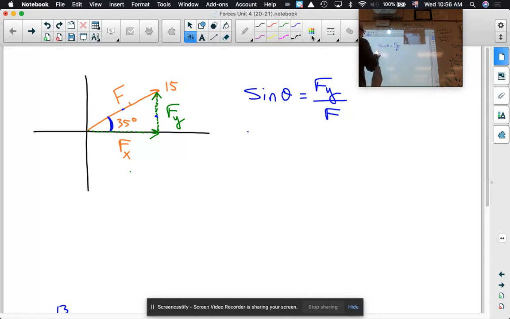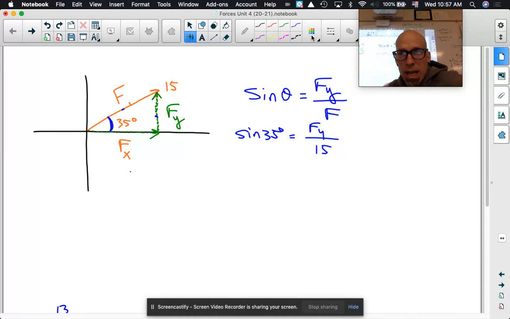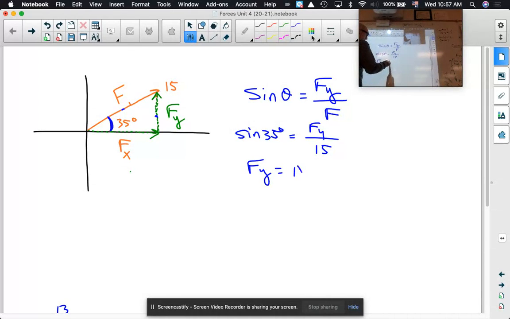Which means sine of 35 degrees is the y component of this vector over 15, which is the length of the vector. That means Fy, the amount of force that's in the y, is 15 times the sine of 35, right? So is everybody seeing what I'm doing here? 15 times the sine of 35 degrees.